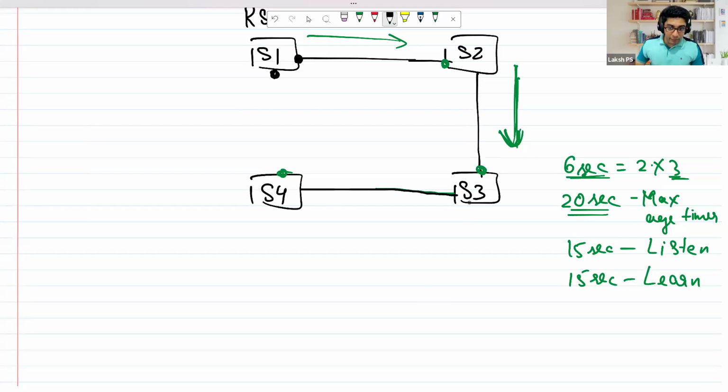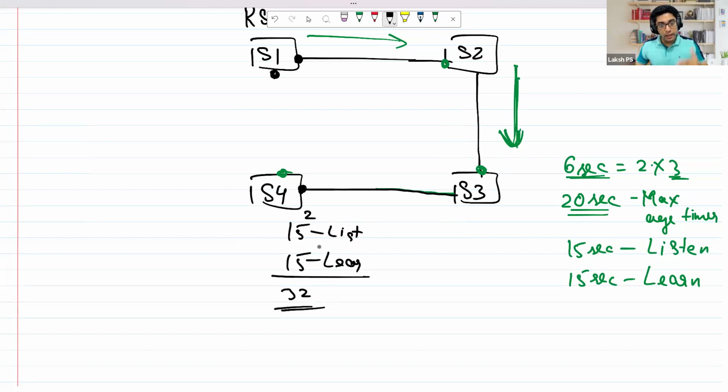Now, even if switch 3 has opened its interface, switch 4 on this interface will again go through that: 15 seconds listening, 15 seconds learning. Only after that will this interface start to receive BPDUs or get the data from all the other switches.